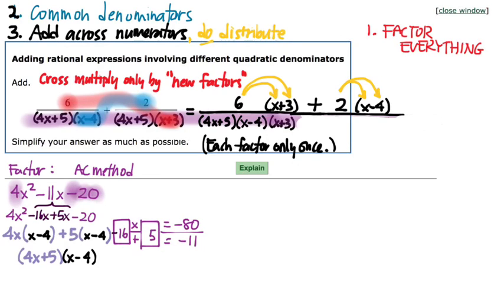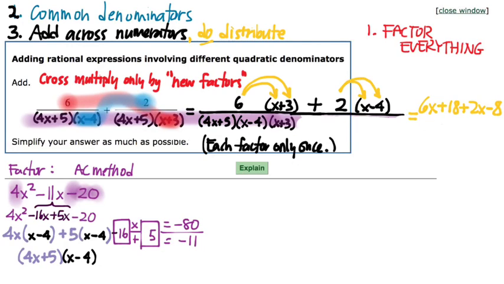This is, in fact, the only part of the process when we prefer to do the opposite of factoring, because distributing multiplication over addition is the opposite of what we're doing when we're factoring. So what I'll end up with here is 6x plus 18 plus 2x minus 8.